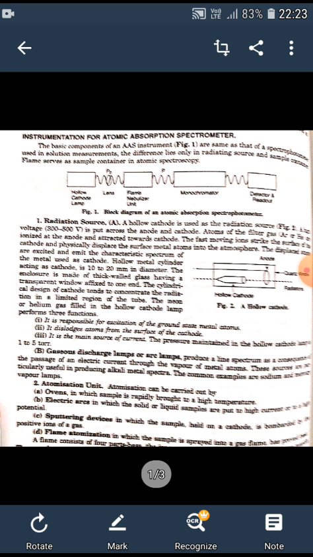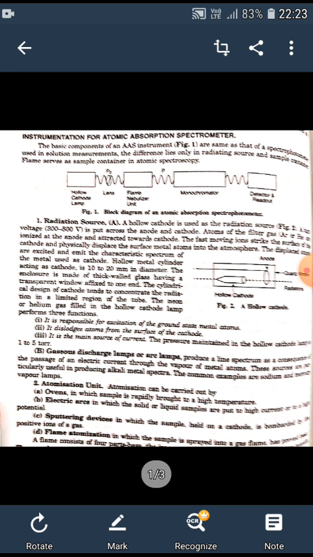The first is the radiation source. A hollow cathode is used as the radiation source in atomic absorption spectroscopy, which is shown in figure 2. A high voltage between 300 to 500 volts is put across the anode and cathode.